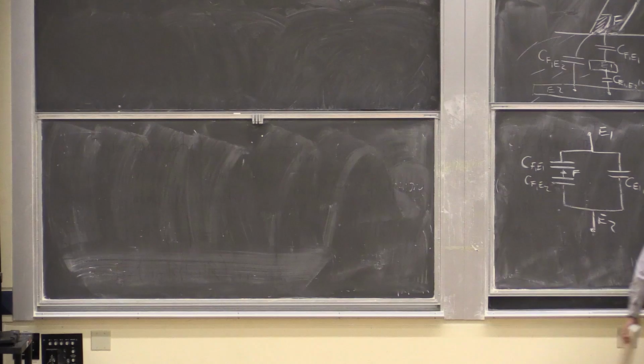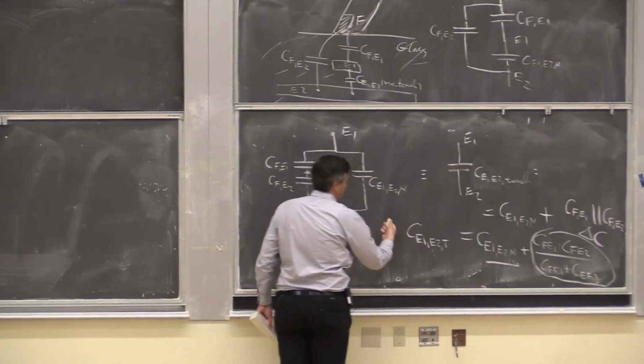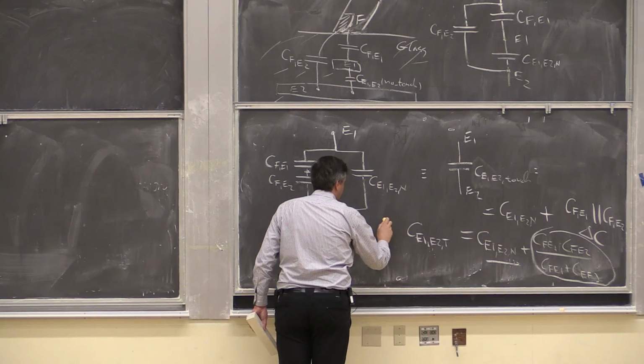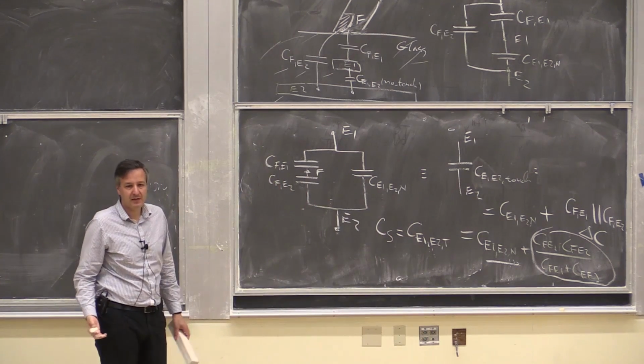To do this, we're going to label this whole node CS. This will be the sensor capacitance, the value we will measure when we touch.